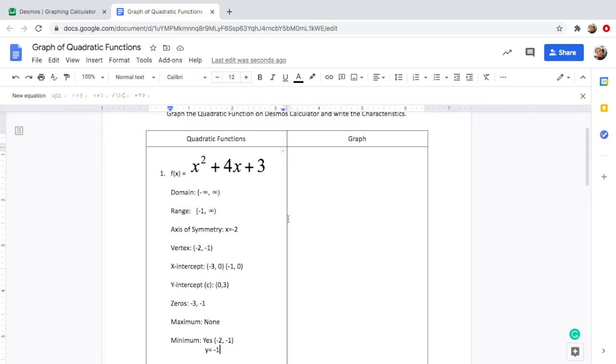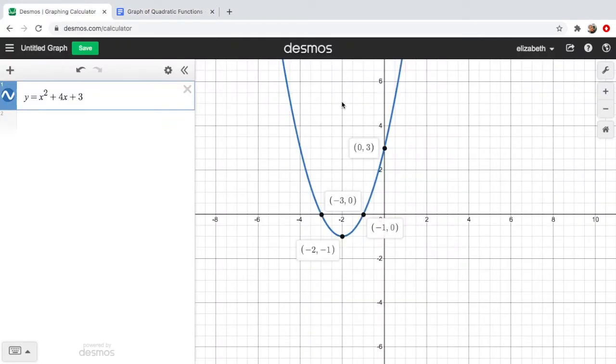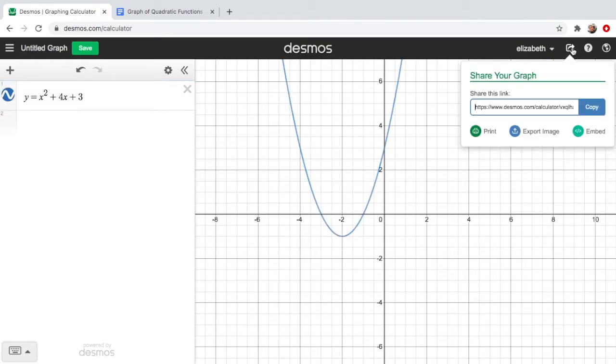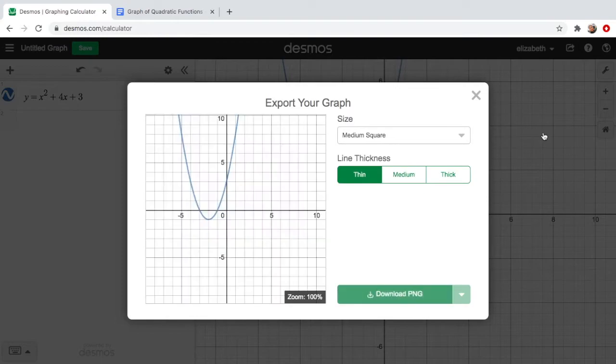Now, how do you graph this one and how do you put the graph into your document? From my last video, please look at the link above, how to drag and graph quadratic functions. So first, you see this little arrow on the right upper corner, share graph, export image.